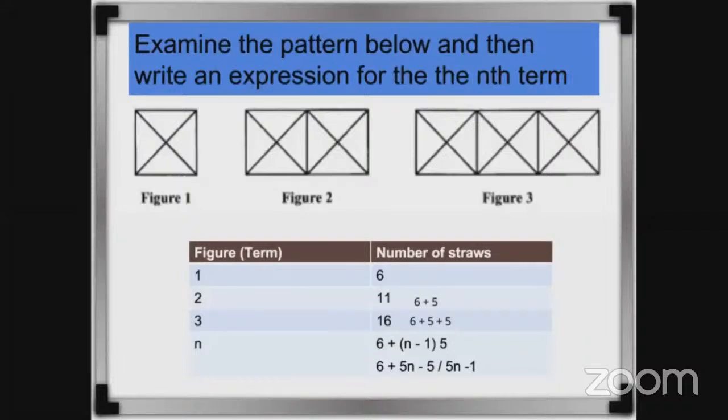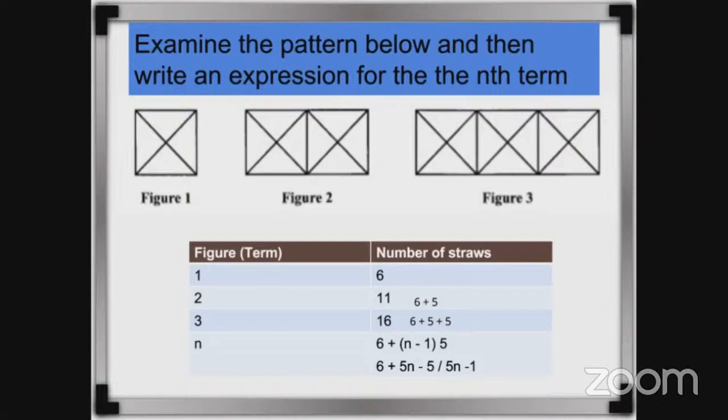But can someone explain how we got to the n-1 in that end statement? 6 plus n-1 times 5. Can somebody explain why we got the n-1? It's similar to the previous question, but tell us. Is it because of what is happening in the first diagram?